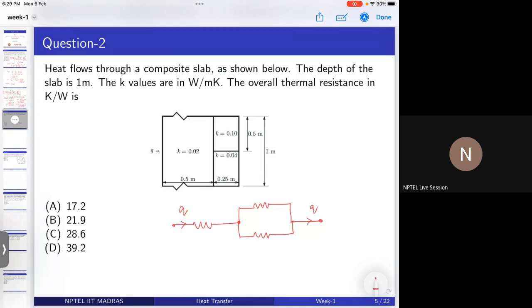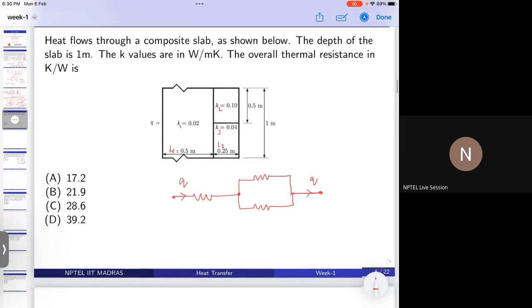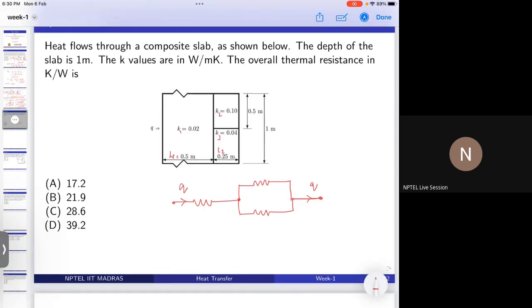So this is a resistance network. I am taking this as L1 and K1, this as K2, this is L2, K3. It will be easy to do the problem this way. So the resistance of this one is L1 by K1, which is equal to R1.